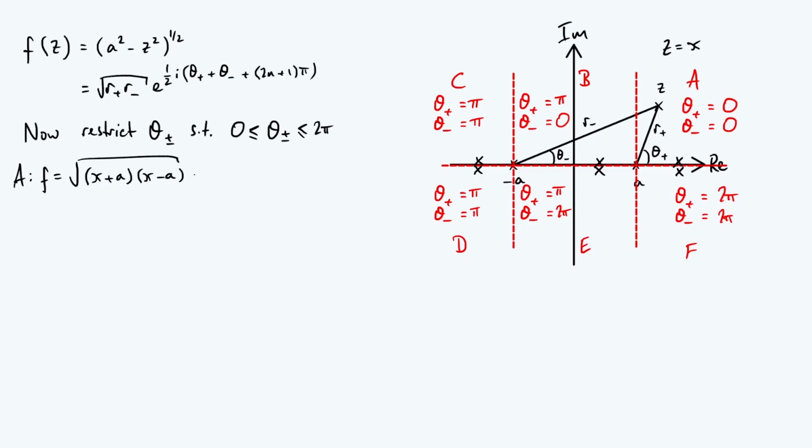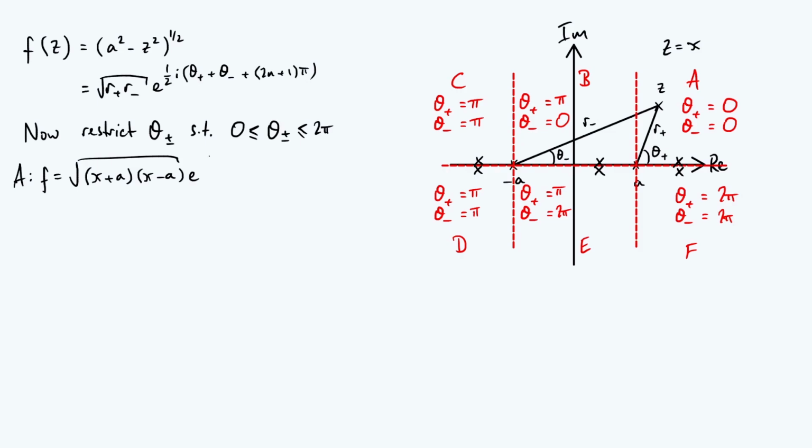Then we have got our phase factor. It's e to the power of, now in region A we agreed that theta plus and theta minus were both 0. So these things both become 0, and then you've got half i times 2n plus 1 pi, which is the same as just n plus a half times pi times i.